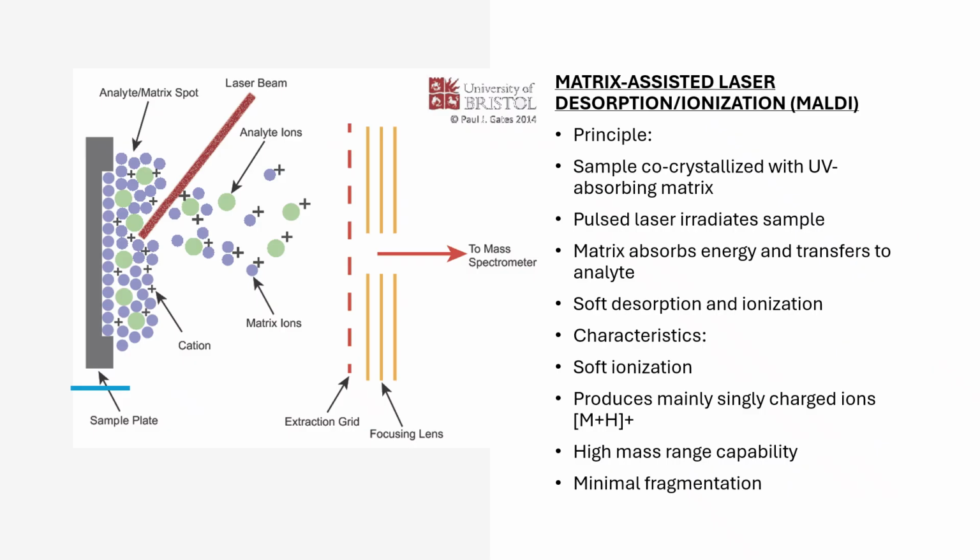Now let's talk about MALDI, that is matrix assisted laser desorption ionization. This technique is particularly important for analyzing large molecules. The process is interesting. You mix your sample with a UV absorbing matrix compound and let them co-crystallize on a metal plate.